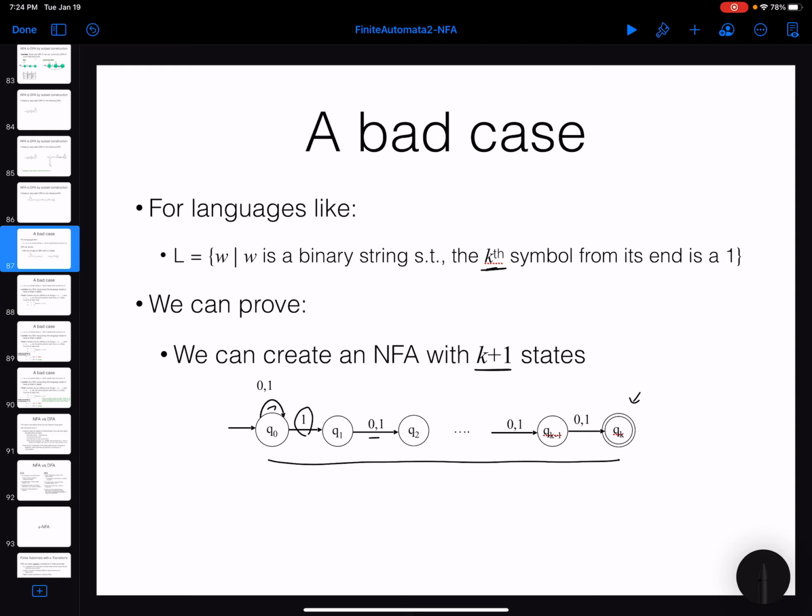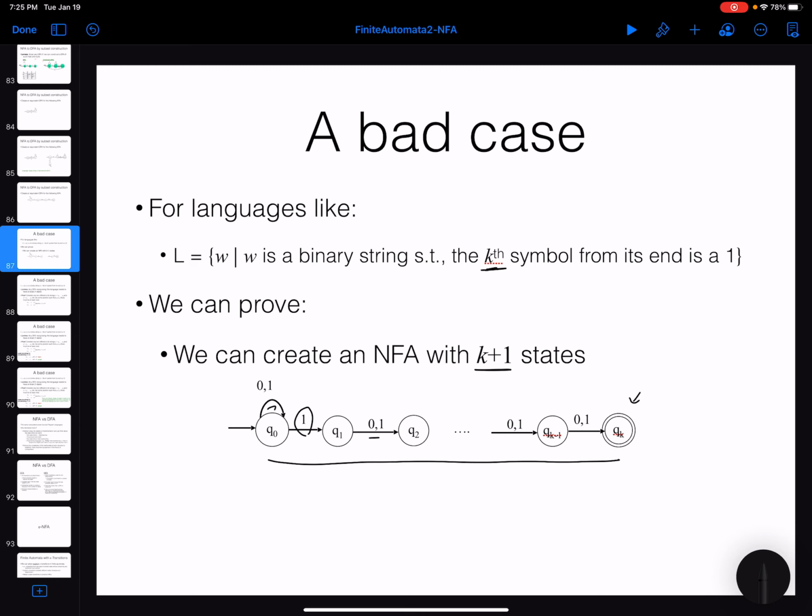That's why the DFA basically has all the possible subsets of the full set of states that you have in your NFA.